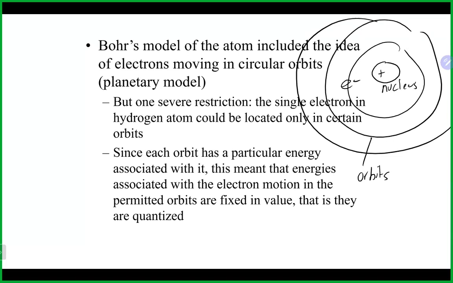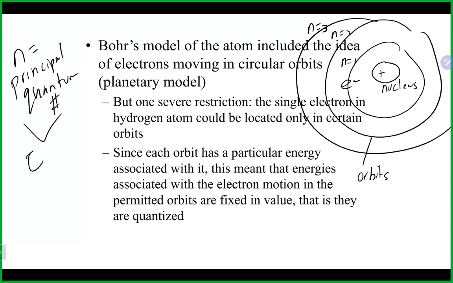These orbits have different energy levels. So for example, n equals 1, n equals 2, n equals 3. n is the principal quantum number. And again, that's a fancy way of saying energy levels.